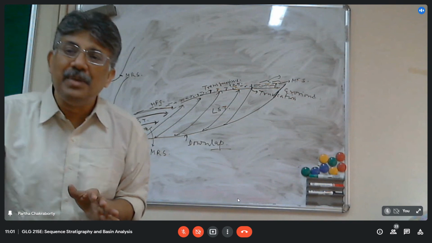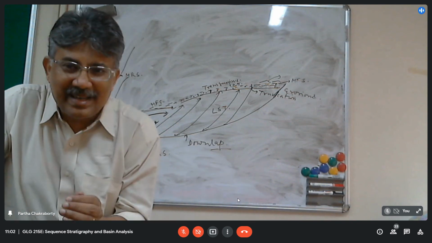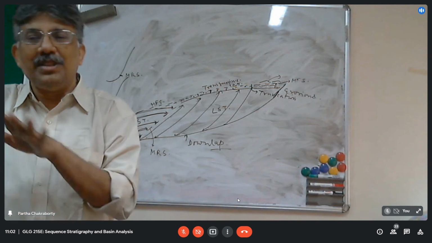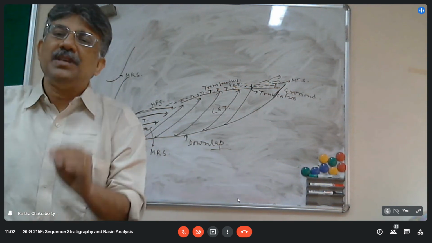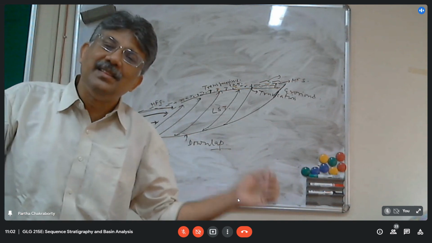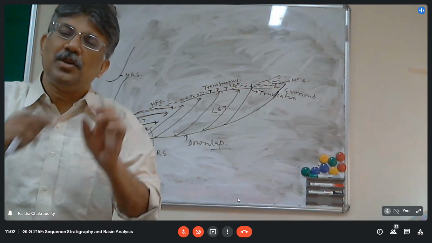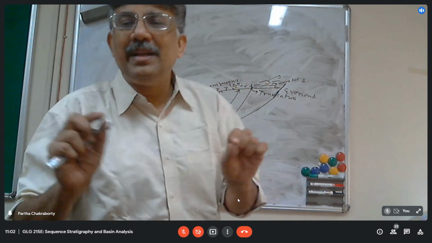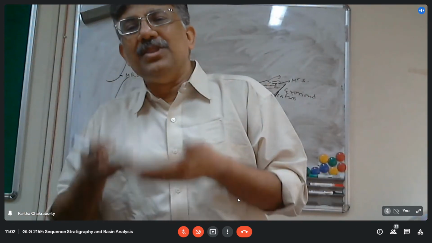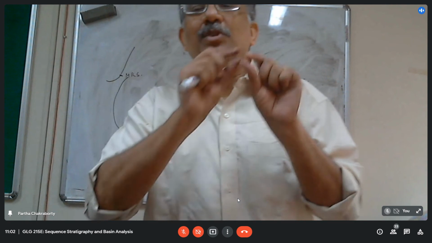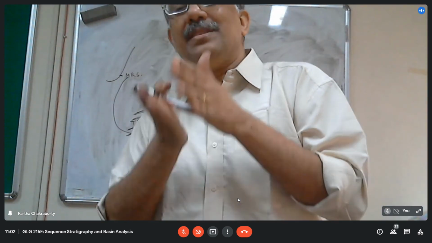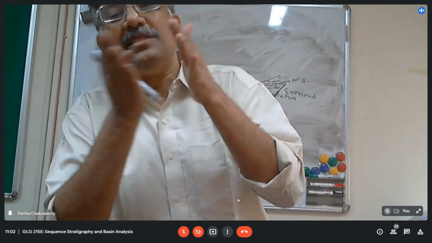What is transgressive lag? During the time of transgression, the wave reworking of the underlying deposit caused the erosion, but the wave could not carry the coarse material. That material gets accumulated as a thin sheet erosionally above the underlying LST, and that is what we call a transgressive lag, which is actually a sandwich product of the entire transgressive history.